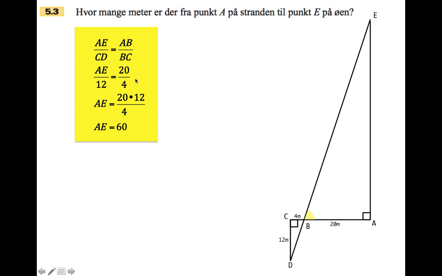Now just notice the way that I set this up to start with, so that the thing that I was looking for was on the top. Okay, so I did the thing I was missing divided by the one that was like it equals 20 divided by the one that's like it. Just makes the algebra a little bit easier to deal with if the thing you're missing is on the top.